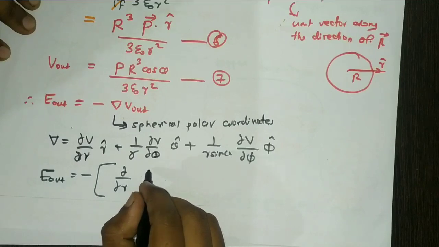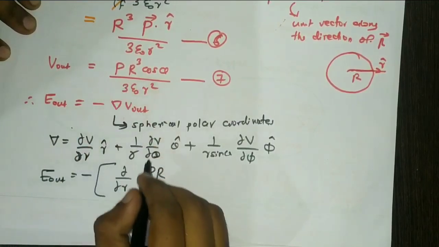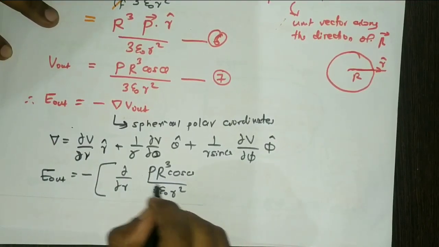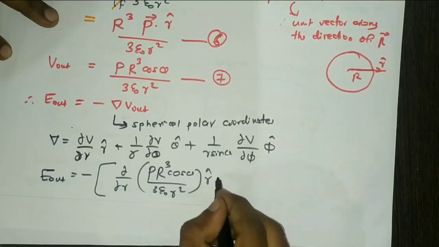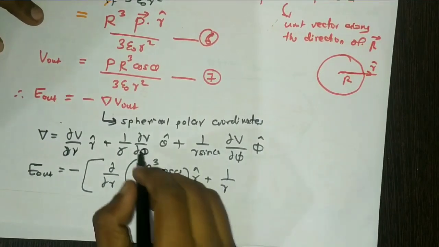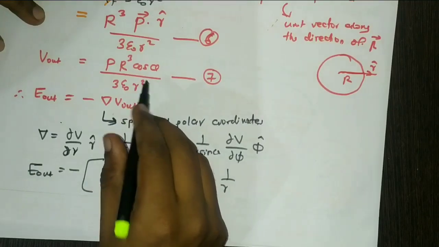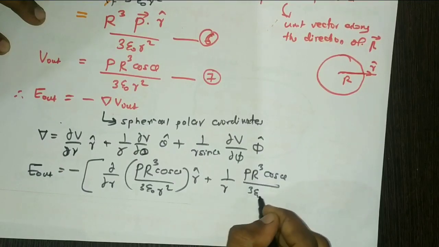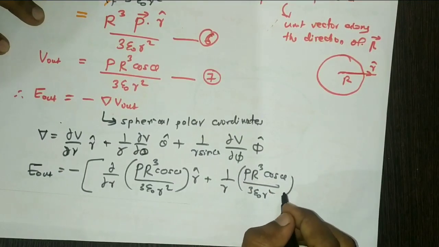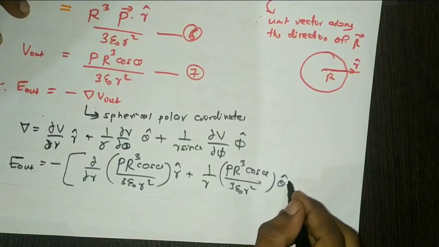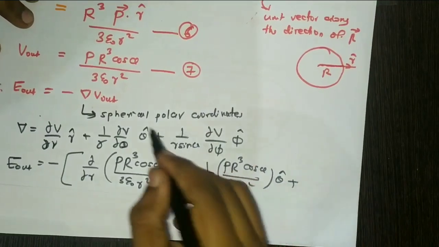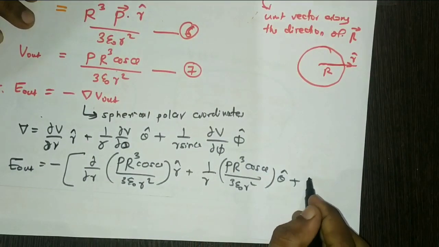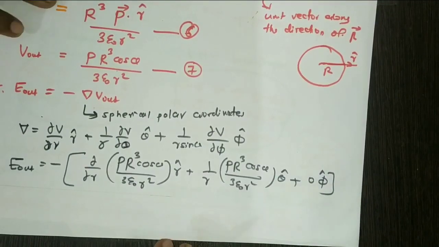Therefore, instead of V, substitute P R cube cos theta divided by 3 epsilon 0 R square, R cap, plus 1 by R. Here the theta component is also there, that is P R cube cos theta divided by 3 epsilon 0 R square, theta cap, and there is no phi component in this expression. Of course, the derivative of this potential with respect to phi will be 0. There is no phi component.